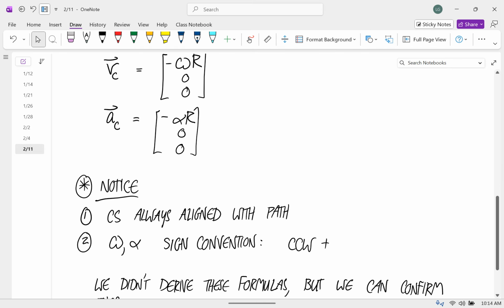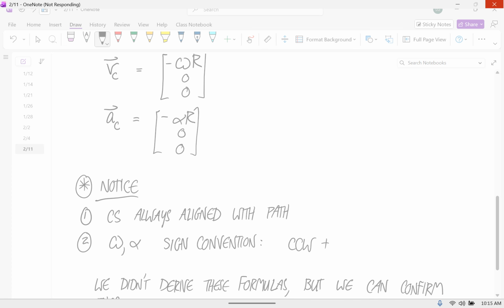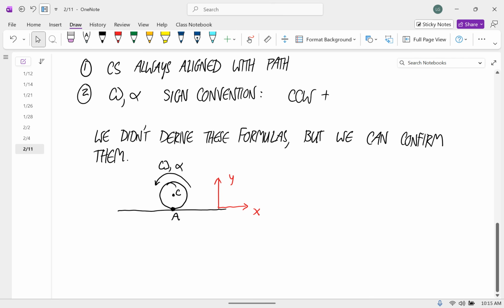And what we're going to do is use these formulas that I gave you and prove that the horizontal velocity and horizontal acceleration. Oh man, my computer's mad today. Come on.